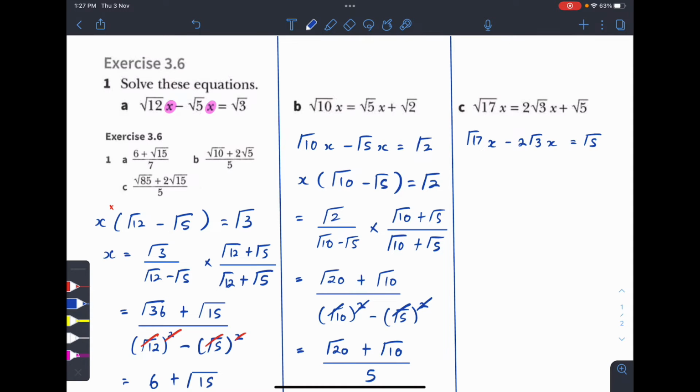We can factorize. So x bracket, root 17 minus 2 root 3, equals root 5. Move the root 17 minus 2 root 3 to the other side, and it will become a divide.